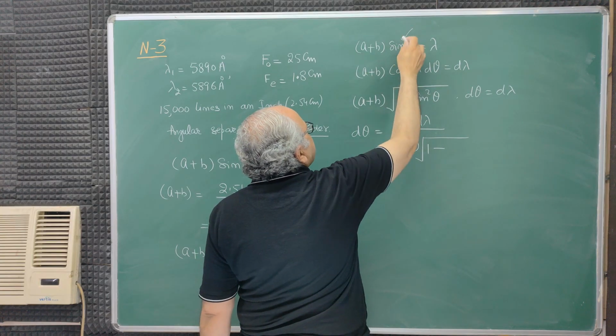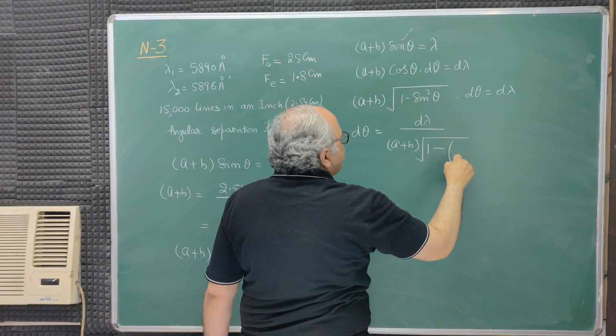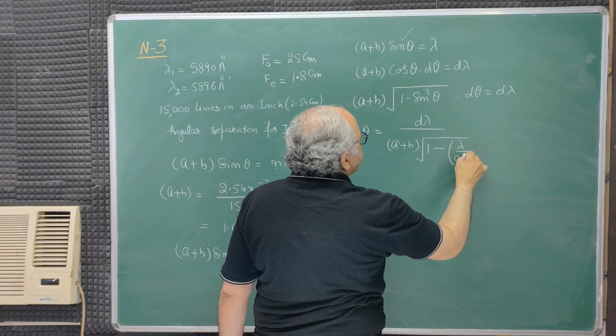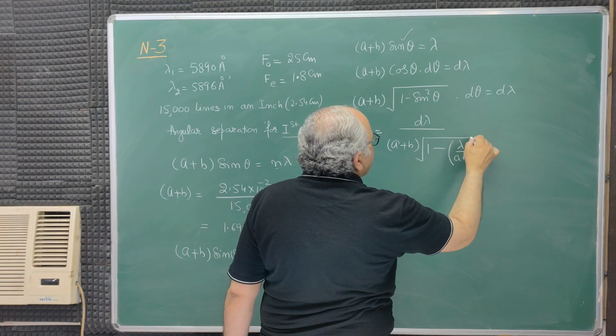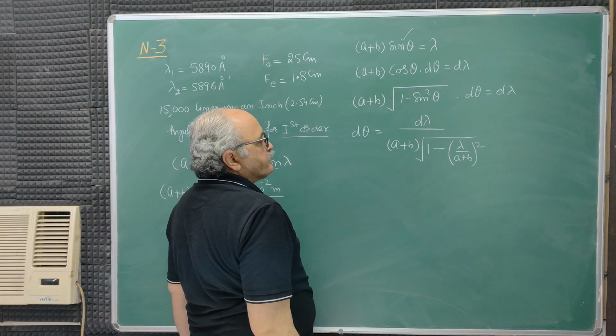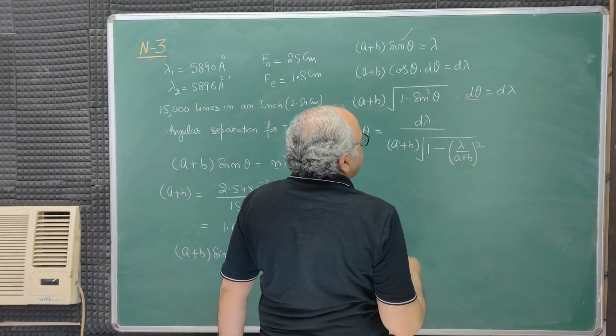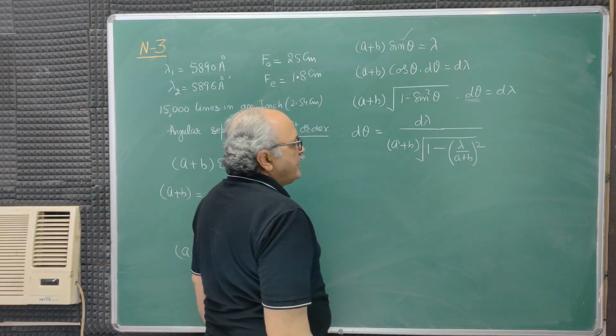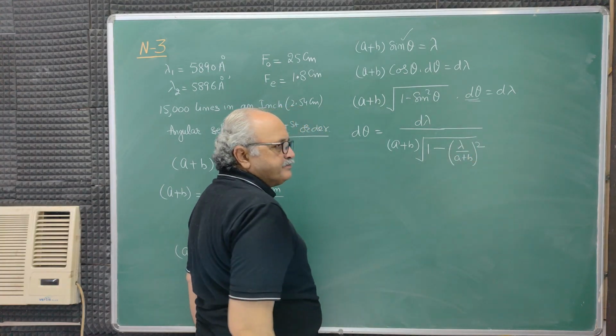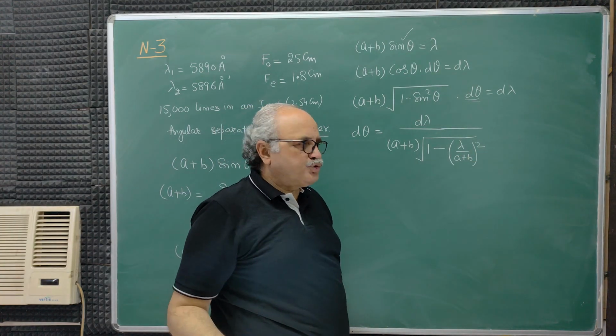From here I can write sine theta equals lambda divided by (A plus B), whole squared. So from this relation I am able to get d theta in terms of d lambda. But here we have to use lambda. Which lambda is to be used?